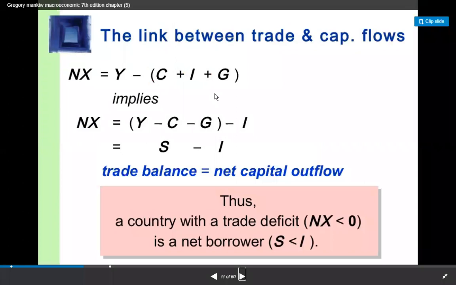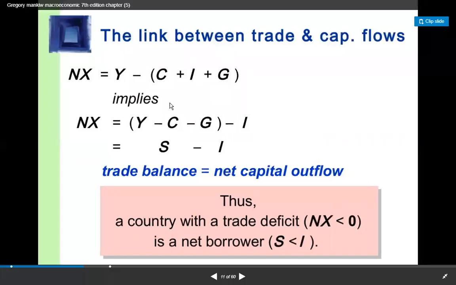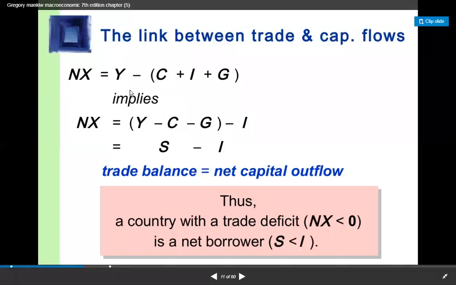Then the next thing is we are going to solve this equation, as you know. How do we solve this national income identity for net capital outflow?